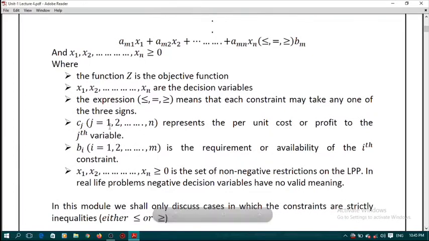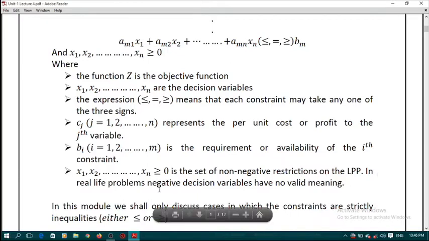Cj, where j runs from 1 up to n, represents the per unit cost or profit of the jth variable, and bi, where i runs from 1 up to m, is the requirement or availability of the ith constraint. x1, x2 up to xn, which are all greater or equal to 0, is the set of non-negative restrictions on the LPP.